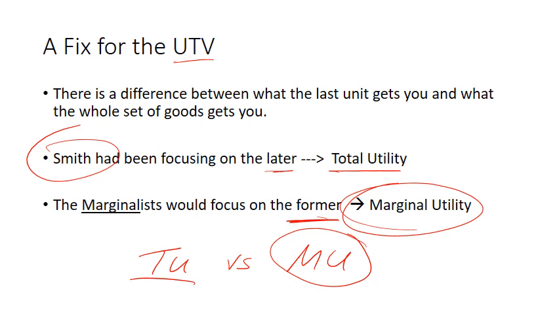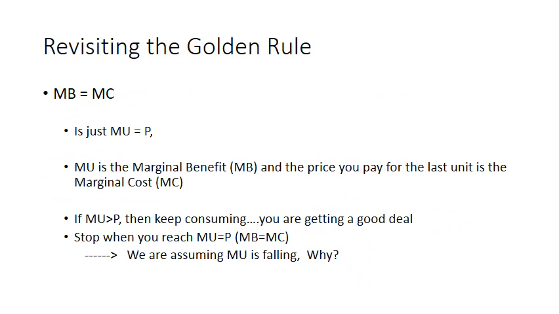What we're willing to pay for an object is based on what the next unit is worth to us, not on what the entire set of those objects are worth to us. So this critical difference basically unlocked the diamond water paradox and launched what you could think of as modern microeconomics at this point. So let's revisit modern micro and our golden rule and talk about how this matches up with the marginalist's perspective.